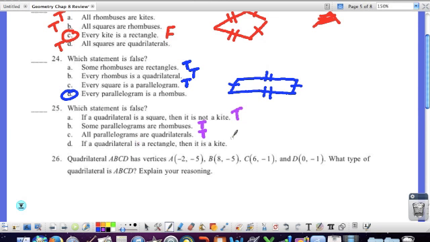That's true. If a quadrilateral is a rectangle, then it is a kite. No. If it's a square, then it's a kite. But if it's a rectangle, it is not a kite necessarily. Here's a rectangle. Pretend those are 90-degree angles. The opposite sides are congruent. The consecutive sides are not.